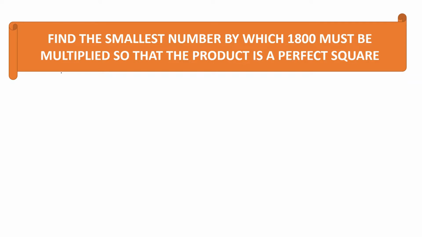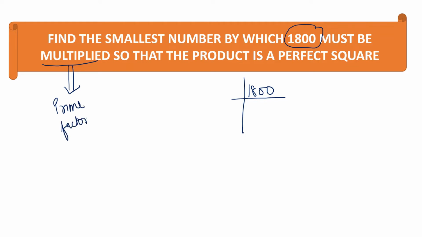Case 2 is based on multiplication. Find the smallest number by which 1800 must be multiplied so that the product is a perfect square. Since it is based on multiplication, we will use prime factorization method. 1800 is an even number, so we will start with 2, 900, again 2, 450.